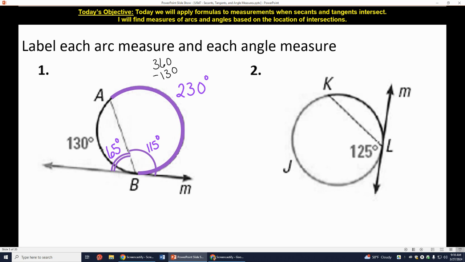Let's move our focus to number 2, where they've given us an angle of 125 degrees. We need to find its corresponding arc, the other angle, and the other arc.